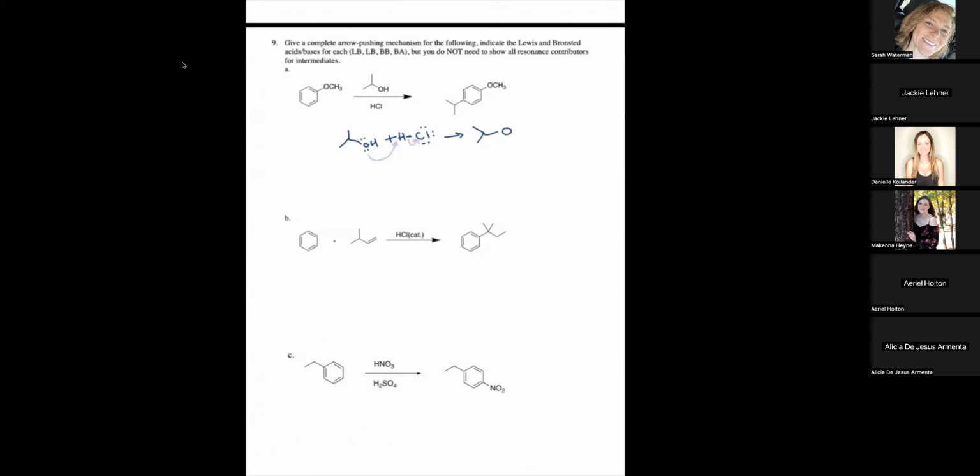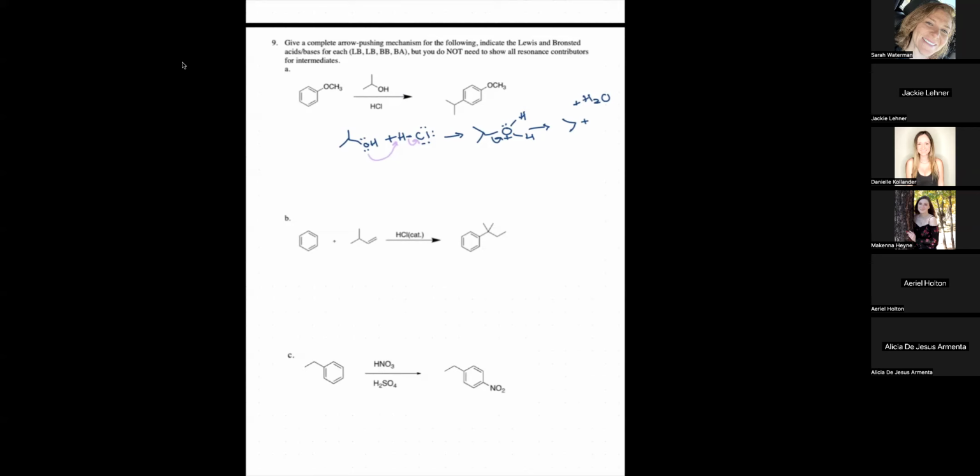this oxygen, right, and it becomes a good leaving group, remember? So then what we end up with is this electrophile, right, plus H2O, okay? So that's how we generate our electrophile.